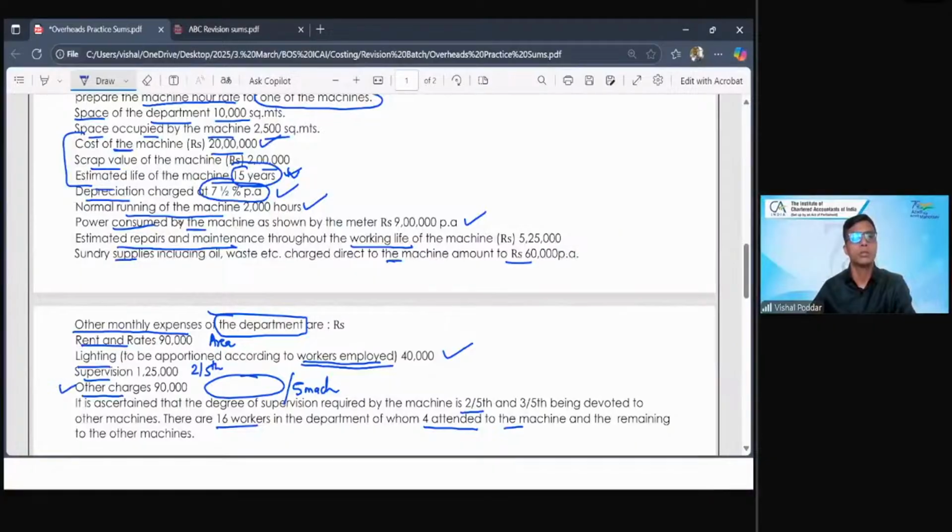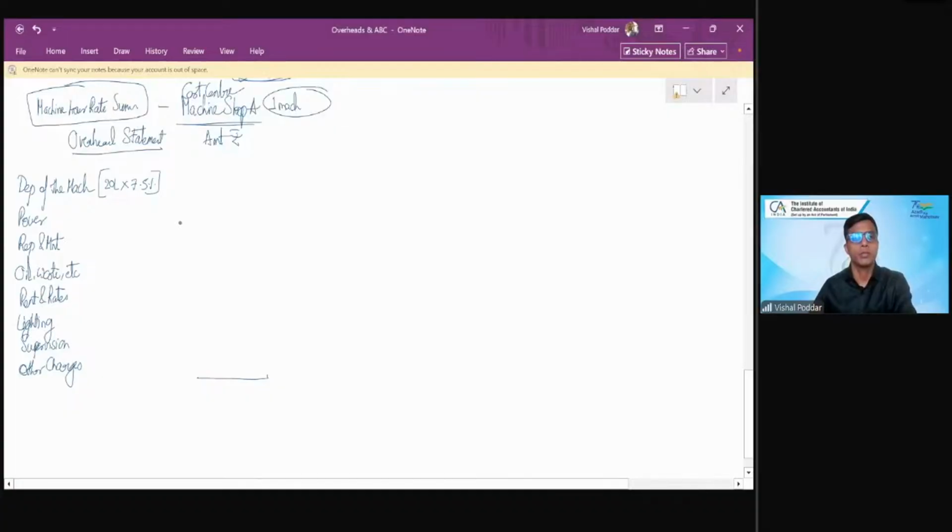Power, 9 lakhs. It is given. Repair and maintenance for the whole life is 525. And this is a whole life. I divided by 15 years so that I get for 1 year. Remember this, we are doing this cost sheet for one machine of 1 year.